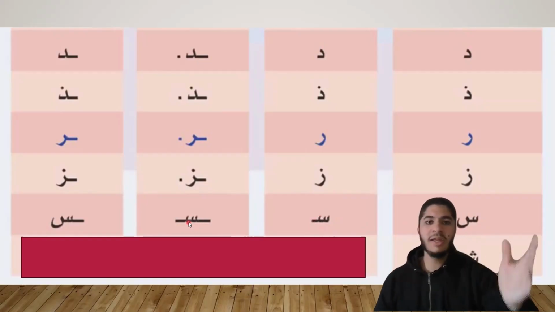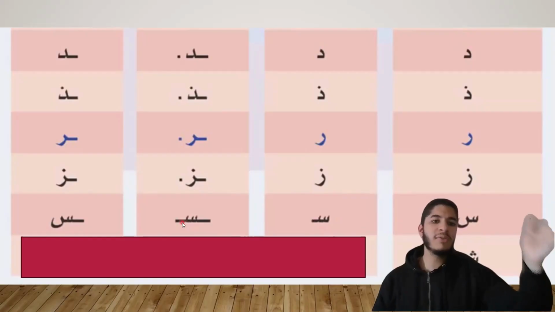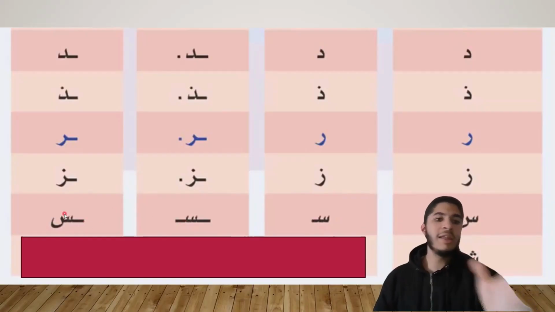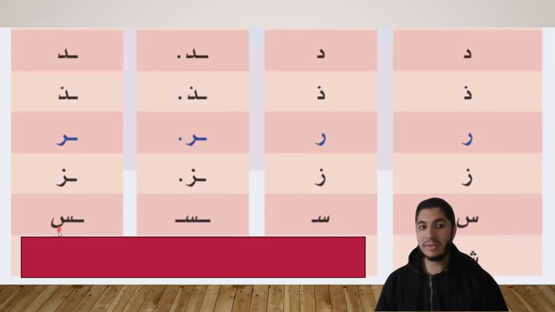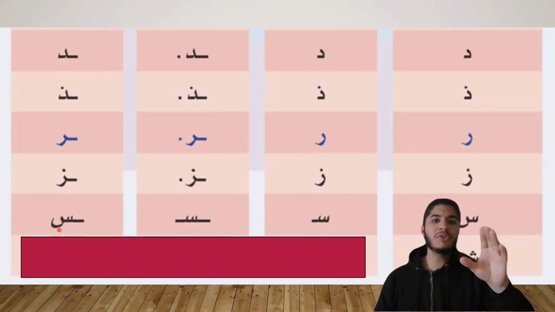In the middle, link to the letter before, link to the letter after. At the end, link to the letter before, and there is no letter after, right? So the curve returns again. As you see, I'm referring to it by the red dot. Here it is. The curve returns again because there is no letter after it.